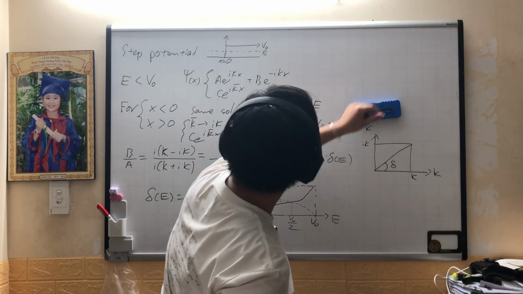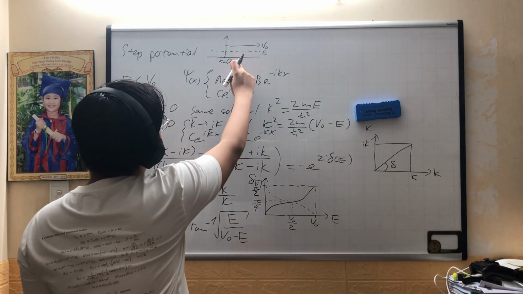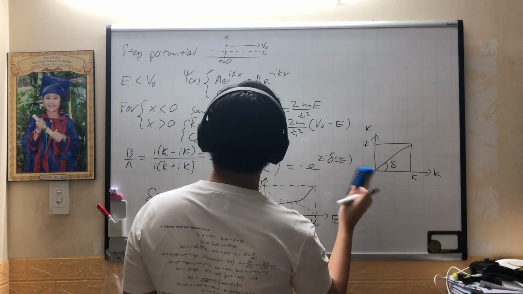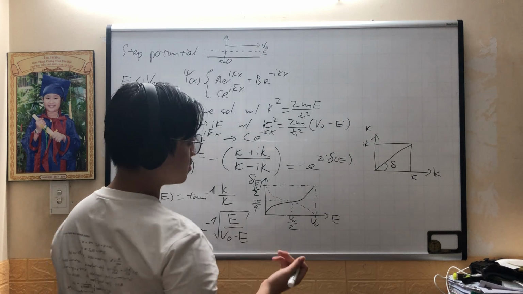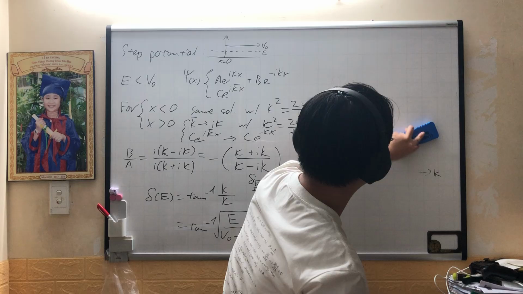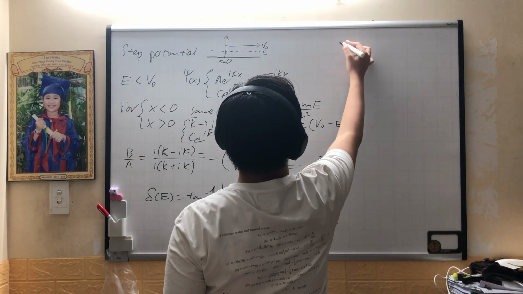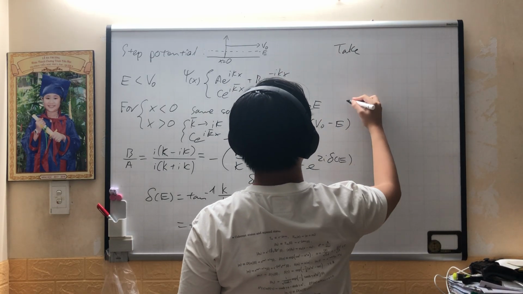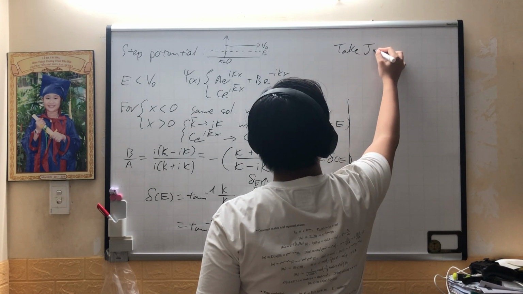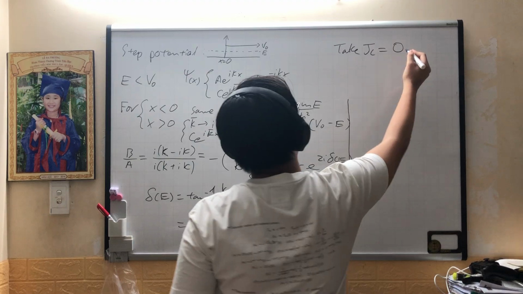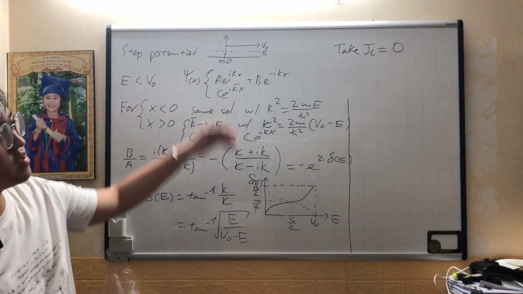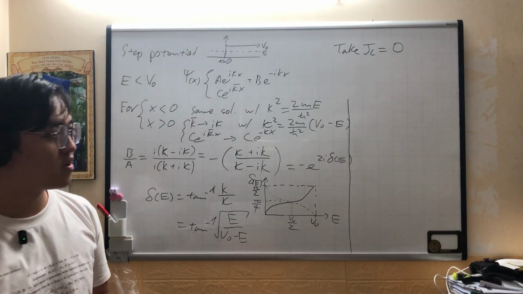Okay, so next we're going to assume our current in the classically forbidden region be 0. Take J_C to equal 0. So now the only part left in your system is the left part.